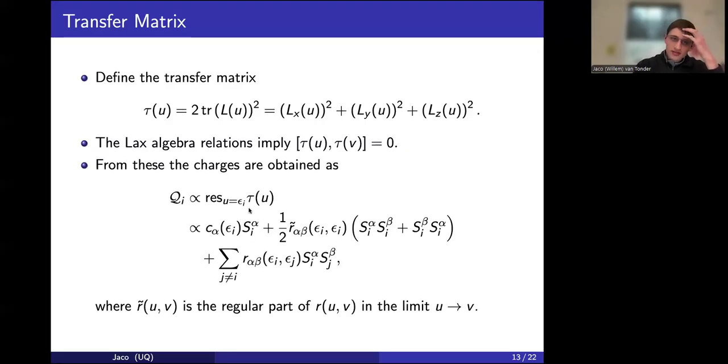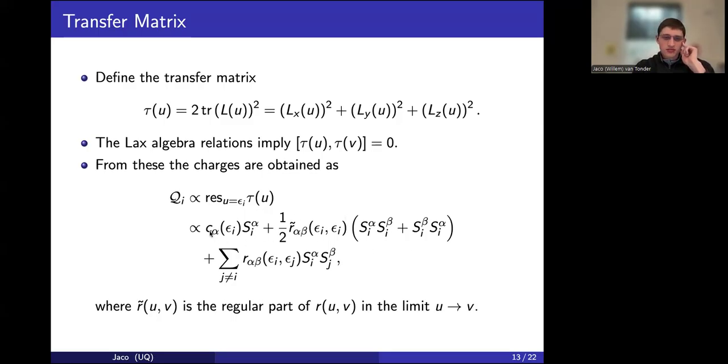And then again, like for the Heisenberg model or the other integrable systems, we can obtain our charges, or the Hamiltonian in this case, by taking the residue at one of those epsilon parameters of the transfer matrix. So we get this form.